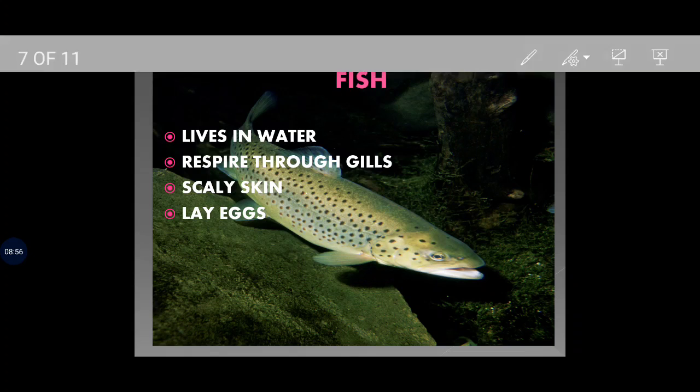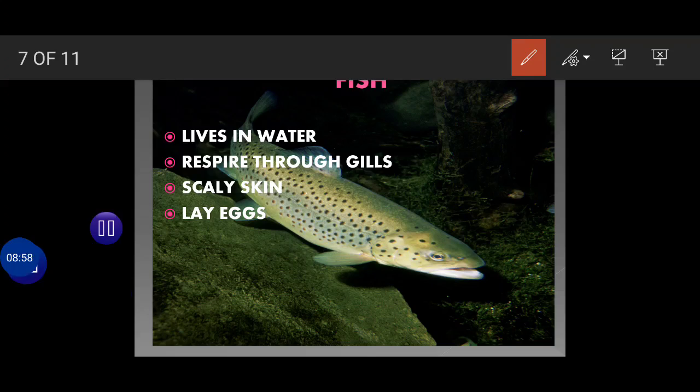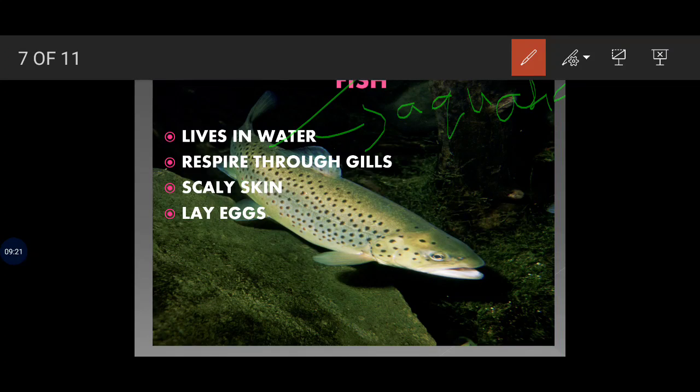Fish, I think many of you must have seen various types of them. The first thing that comes into our mind when we talk about fish is that they are aquatic. That means they live in water.